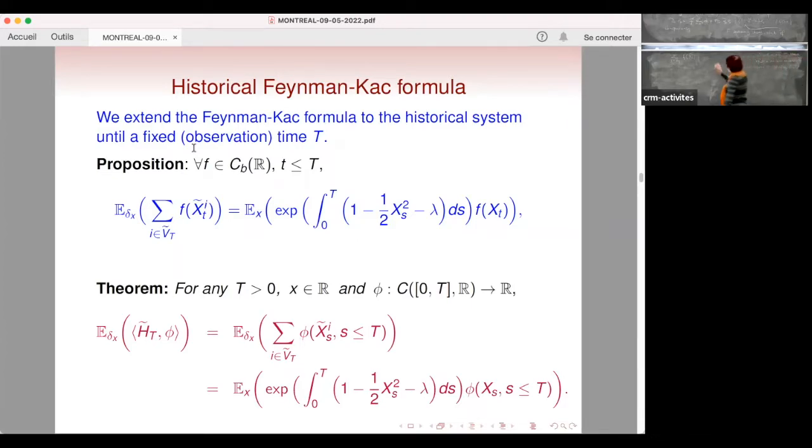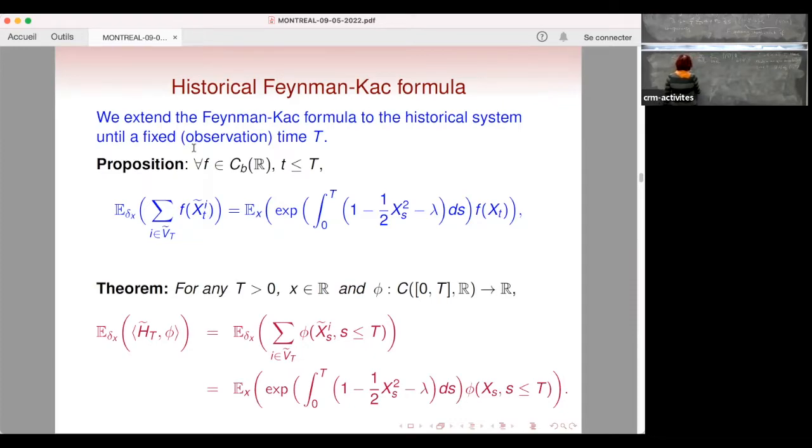Okay, so here we have the sum for I belonging to V tilde_T, and the sum for J. J is a label for individuals alive at time small t. So J belongs to V tilde_t, of f of x tilde_J(t), times the indicator that J at time small t is an ancestor of I at capital T. Now I change the sums.